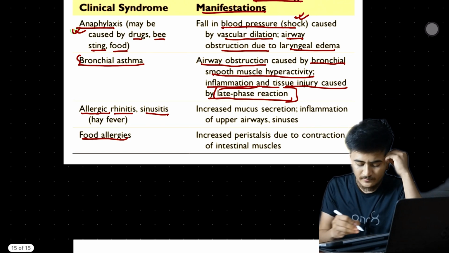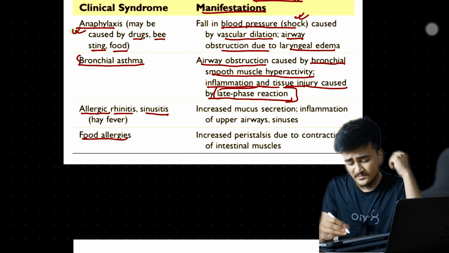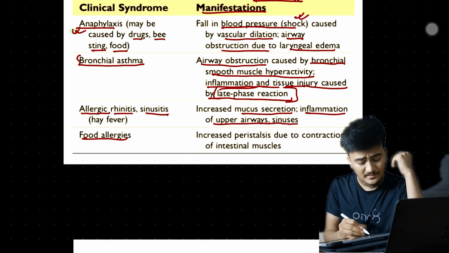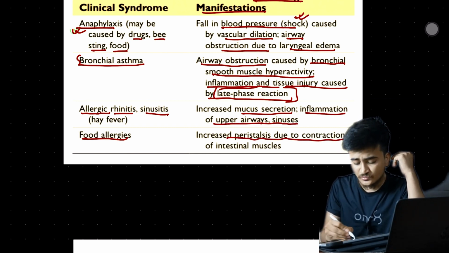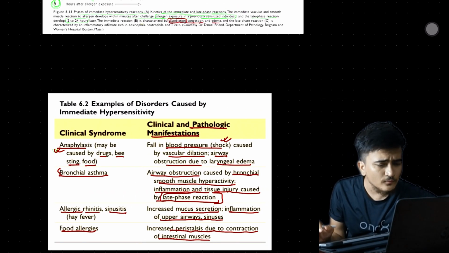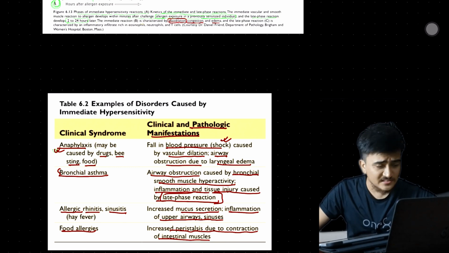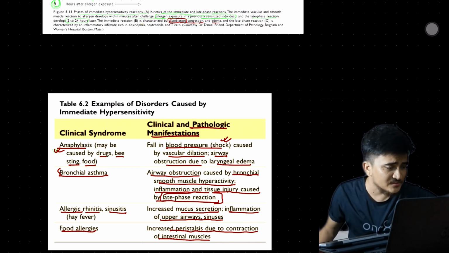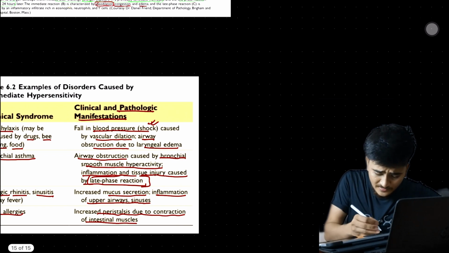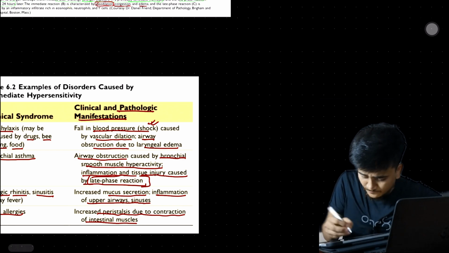The pathological manifestations of allergic rhinitis and sinusitis are increased mucus secretion and inflammation of the upper airway and sinuses, and in food allergies, increased peristalsis. Now that we have seen these examples of different allergies, let me illustrate them in one form.